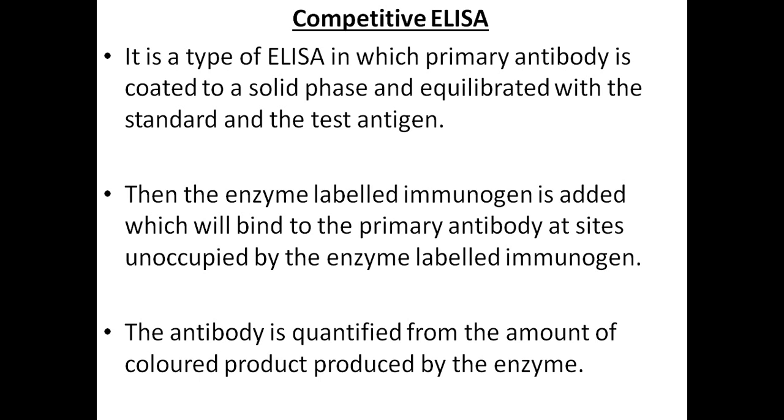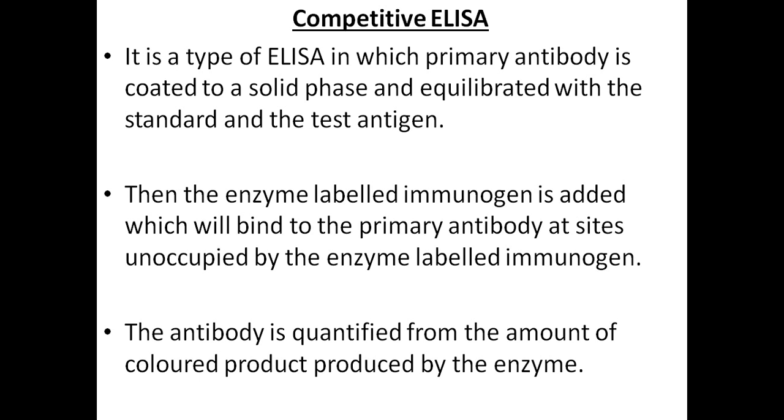The second type of ELISA is competitive ELISA. It is a type of ELISA in which primary antibody is coated to a solid phase and equilibrated with the standard and the test antigen.